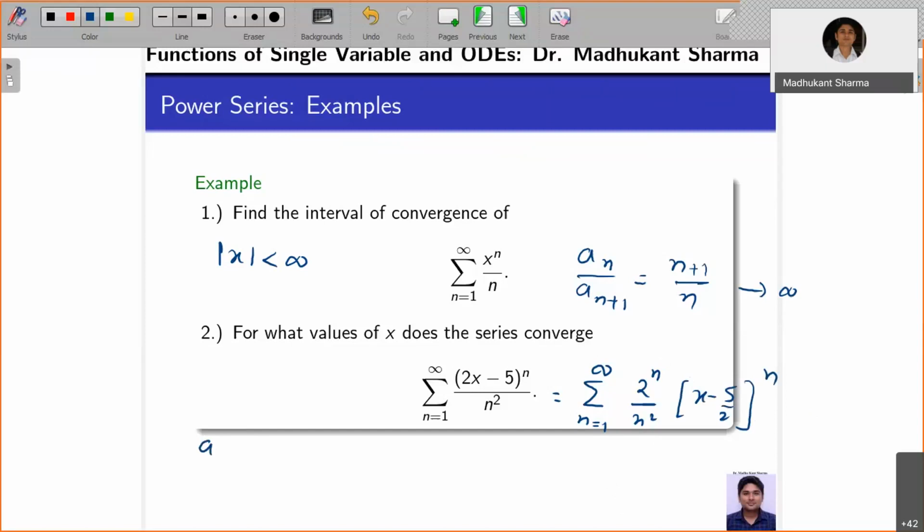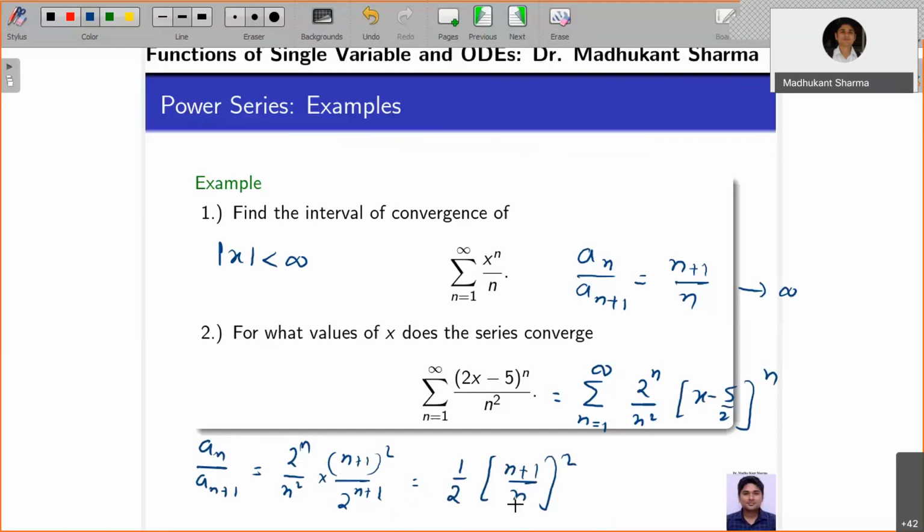So a_n by a_(n+1) is going to be 2 to the power n by n square into (n+1) whole square divided by 2 to the power (n+1). So this is going to be 1 by 2 times ((n+1) by n) whole square.